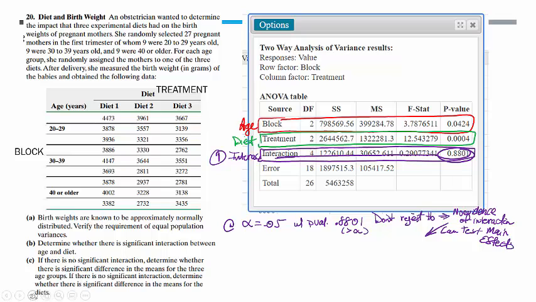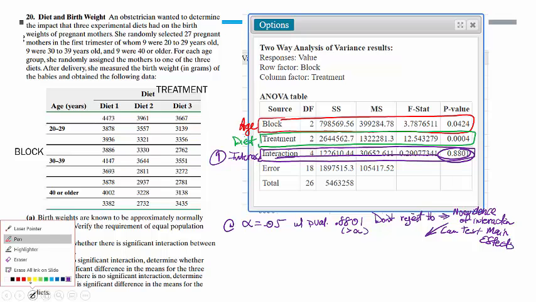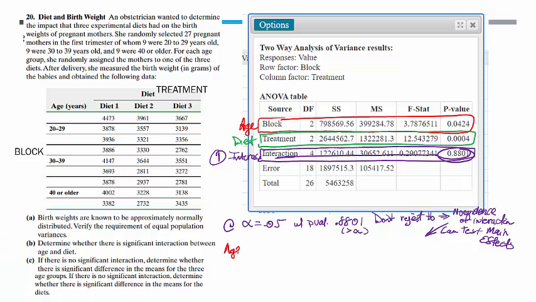And so for the main effects, right, so for age, which the hypotheses were written before, what's the p-value for the age effects? The p-value is 0.0424, which is less than alpha. So we would reject the null hypothesis. So if you want, take a minute to go back a slide or 2 and look at the null hypothesis and alternative hypothesis for the age effect.